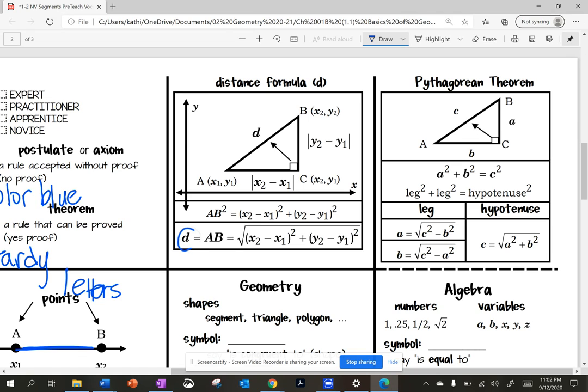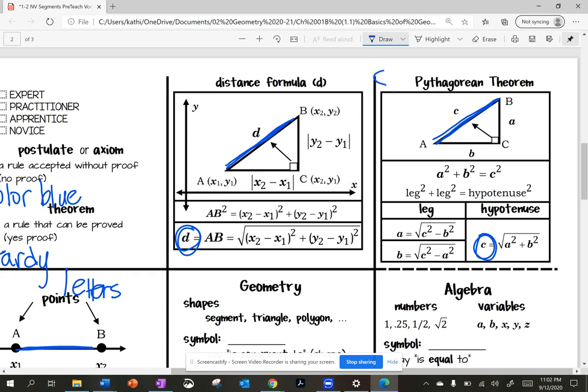So D, the distance between 2 points here, is equal to C when I'm talking about the Pythagorean theorem, which is the hypotenuse here. So in Algebra 1, you should have talked about the distance formula. So the distance formula is the square root of x2 minus x1 quantity squared plus y2 minus y1 quantity squared.